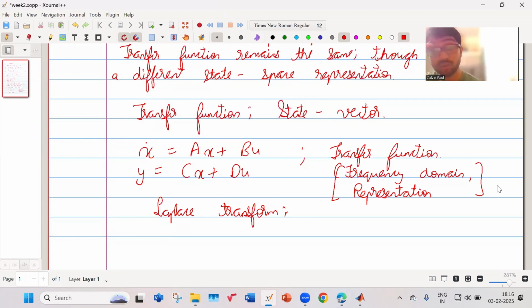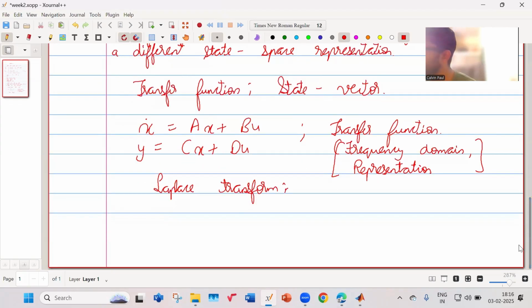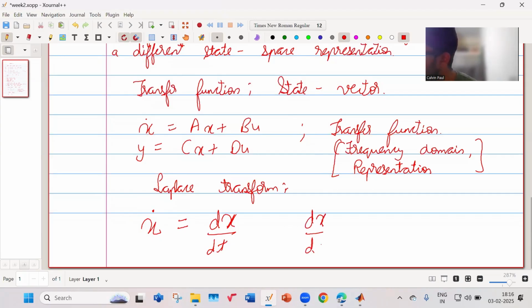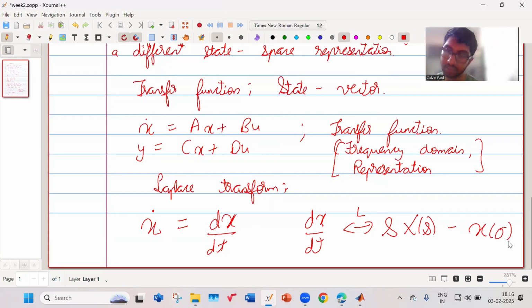So what do we do? How do we take a Laplace transform? You will know that x dot actually is dx by dt. The Laplace transform of dx by dt is given by s into x of s minus x of 0 minus. So this is the initial condition.